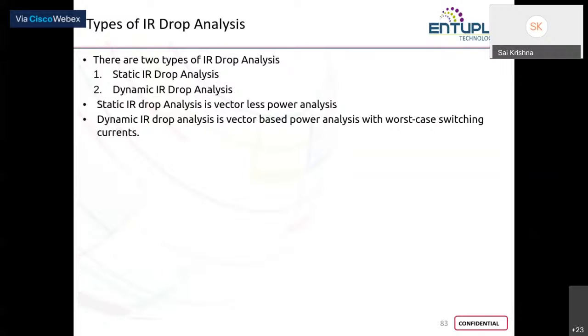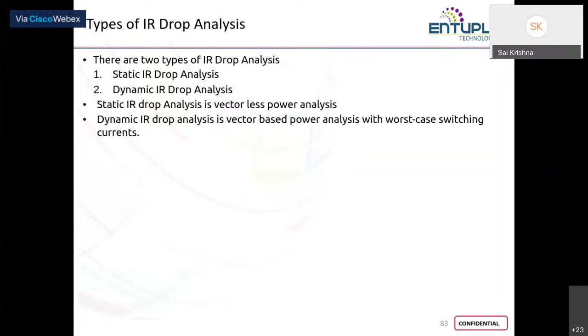This IR drop analysis is done in two types. The first one is static IR drop analysis, and the second one is dynamic. Static IR drop means you just check point to point. It doesn't matter whether the power or the corresponding current is flowing from point A to B or B to A. Whereas in dynamic IR drop analysis, it is vector based.